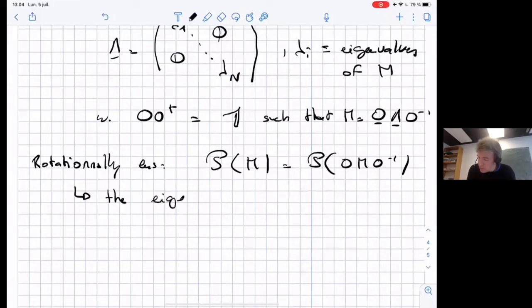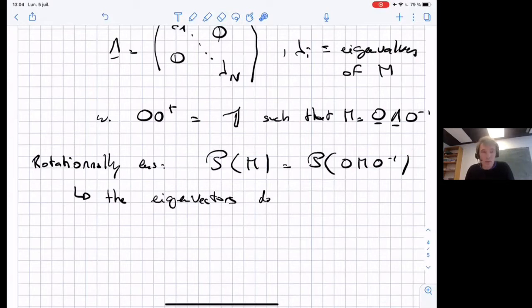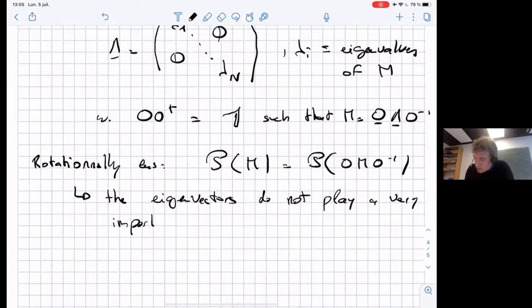We'll be a little bit more precise in a minute. But you see why, because the probability measure of a matrix, because of this property, should only depend on the set of eigenvalues. So the eigenvectors are a little bit spectators. They are not uninteresting at all, but they do not play a very important role.